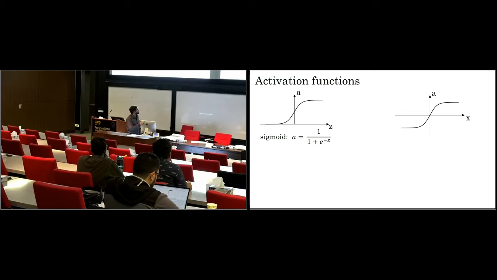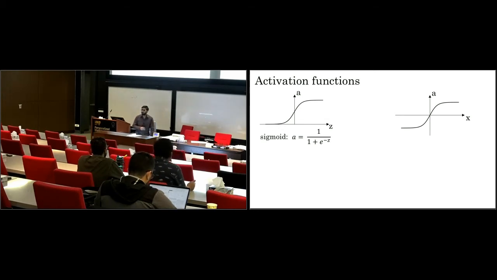So let's say z is approaching minus infinity. Exponent of negative z would approach positive infinity, and this term would become 0, right? So as you go in this direction, where z is approaching negative infinity, you are approaching 0.